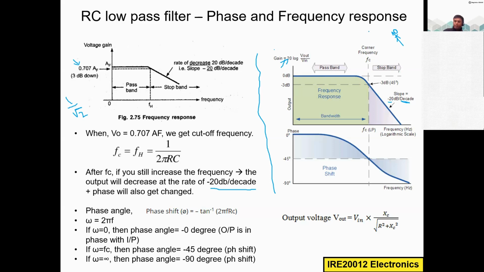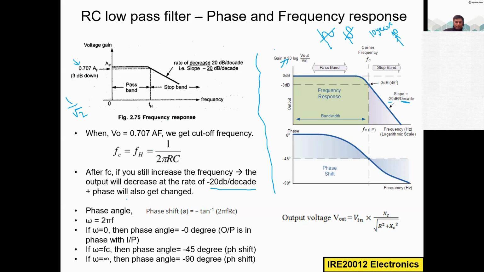The decade means every 10 years. Normally we use it in practical conversation. But here, 20 dB per decade means for every decade the output reduces by 20 dB and just falls down. After this FC, the output is falling down. At the same time, the phase will also change. Remember, we are applying an input with some phase, and at the output the phase will also be different, something else.